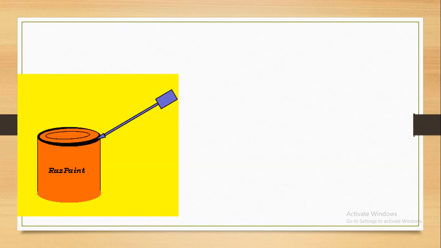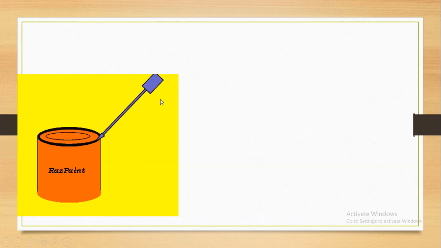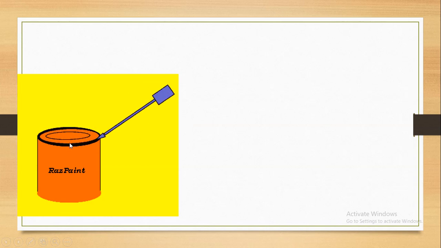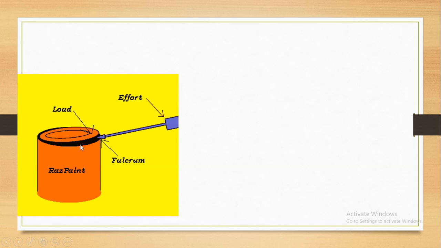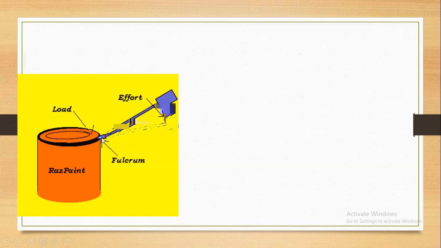Now, our second simple machine is a lever. Now, this is a bar, as you can see. We can push down here to lift off the lid on this side. And this is a fulcrum, or a fixed point.